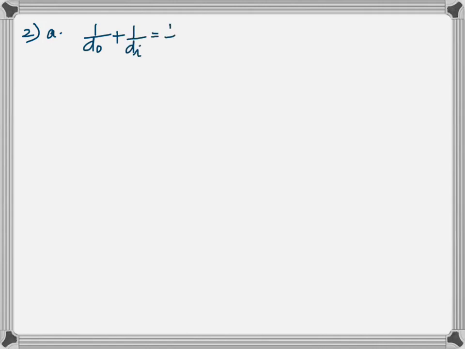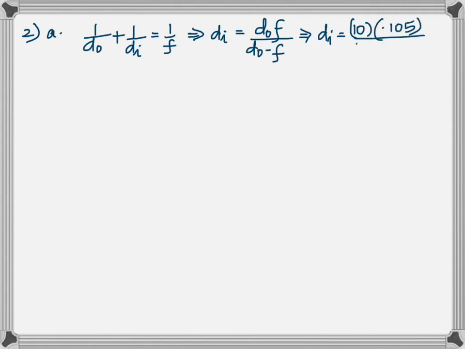So use the lens equation, make DI the subject again. DO is 10 meters. F is 105 millimeters, so that's 0.105 meter. So that is DI, 10.6 centimeter.